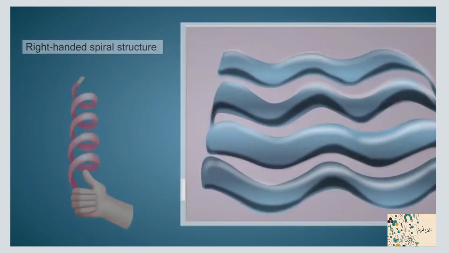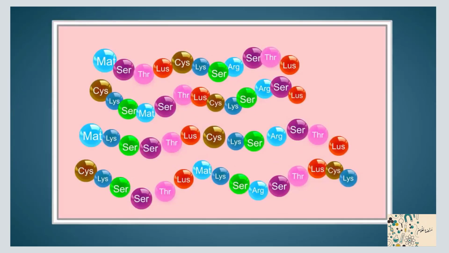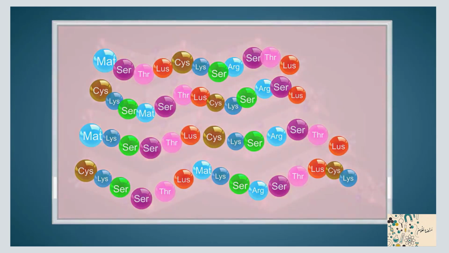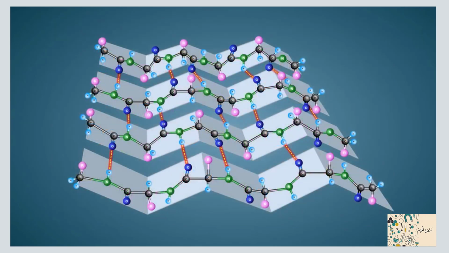Another type of secondary structure is formed when the polypeptide chains are stretched to the maximum extension and are then so folded that different strands lie alongside each other. This type of structure is called beta-pleated structure. The different strands are held together by intermolecular hydrogen bonding between the amino acids of 2 different strands.